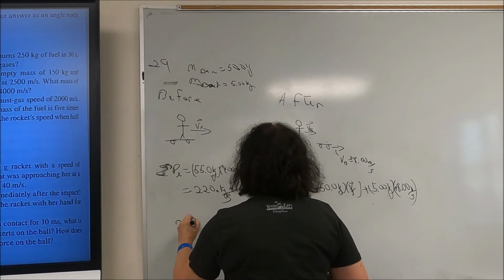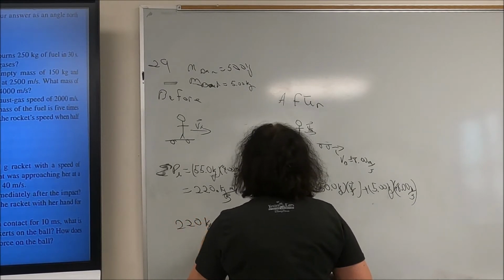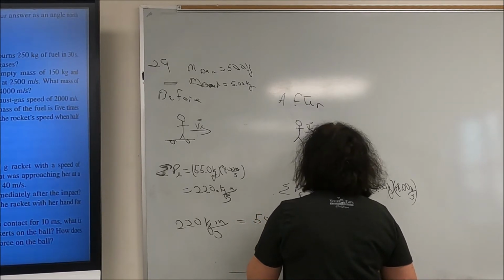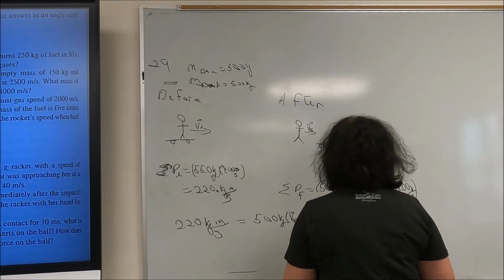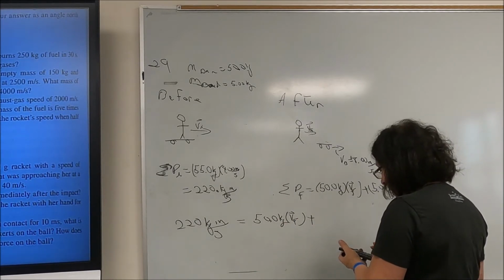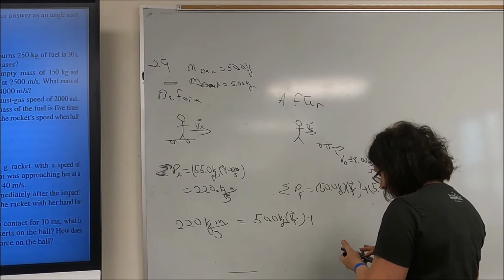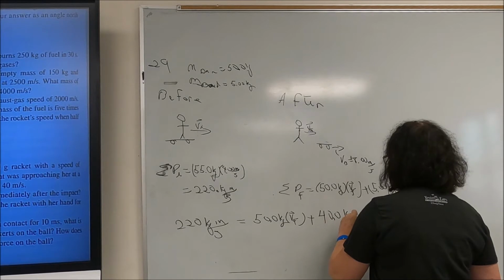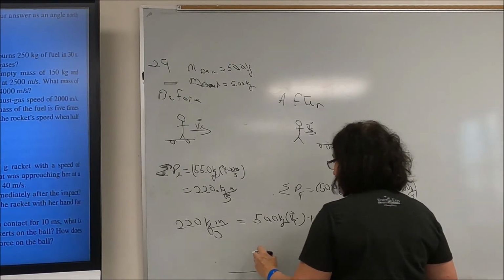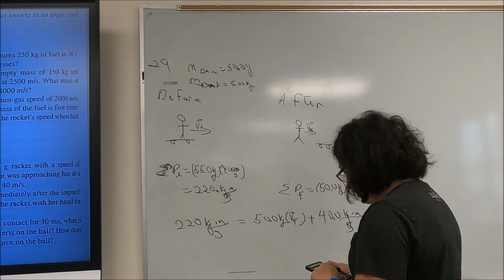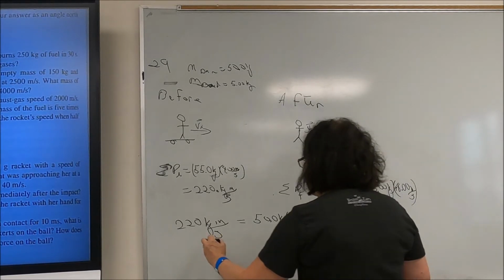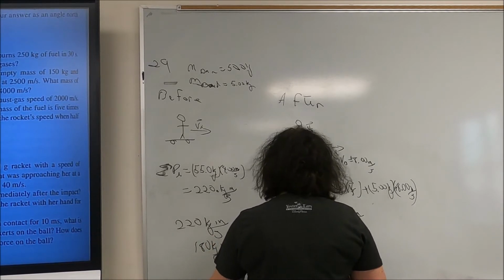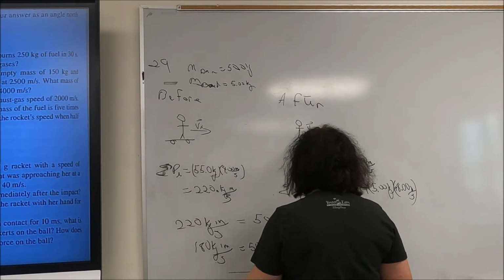So I have 220 kilograms meters over seconds equal to 50 kilograms V final plus 8 times 5, which is 40 kilograms meters over seconds. So I subtract, and I get 180 kilograms meters over seconds equals 50 kilograms times V final.